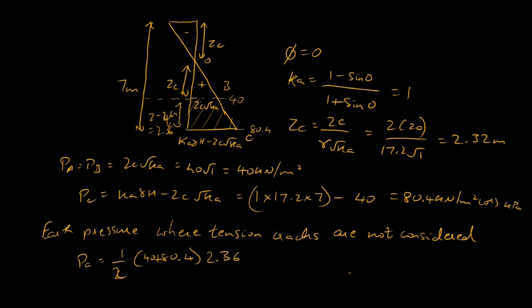So which gives you, we'll calculate 120.4 into 2.36 divided by 2, which gives you 142.072 kilonewton per meter square.